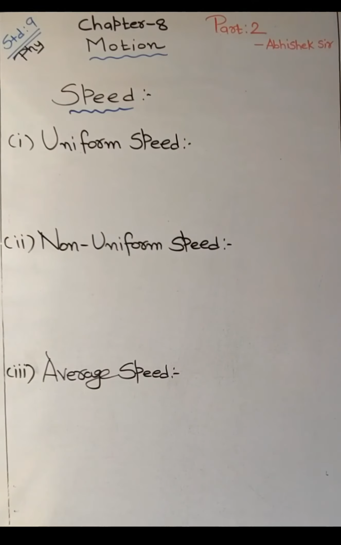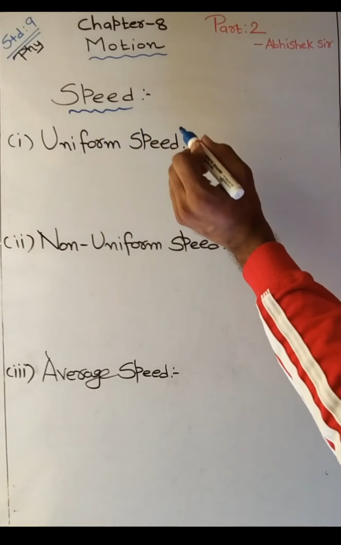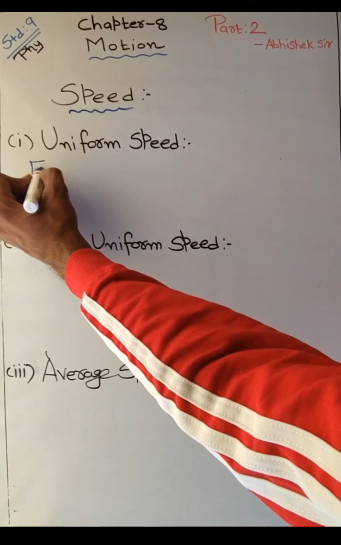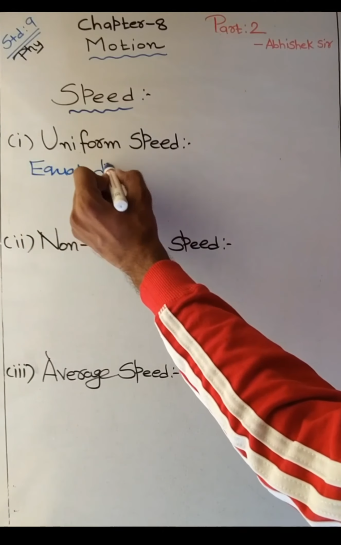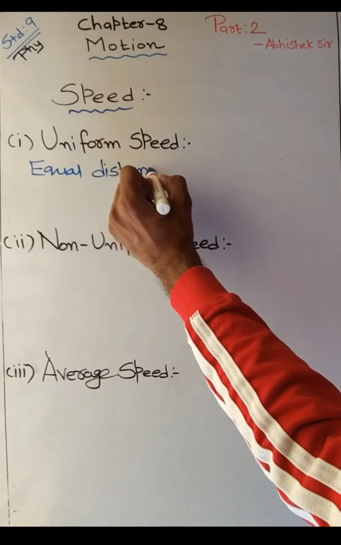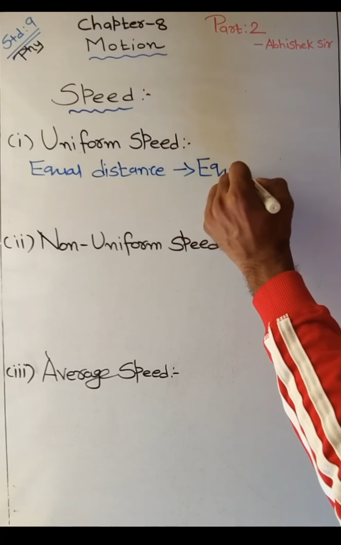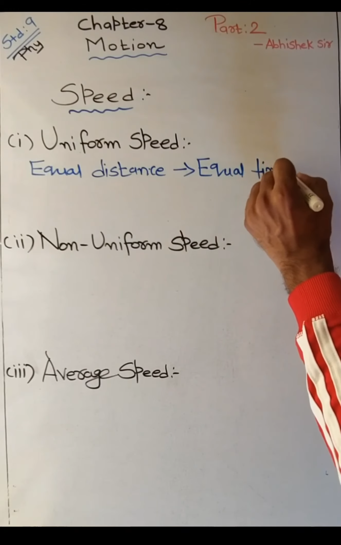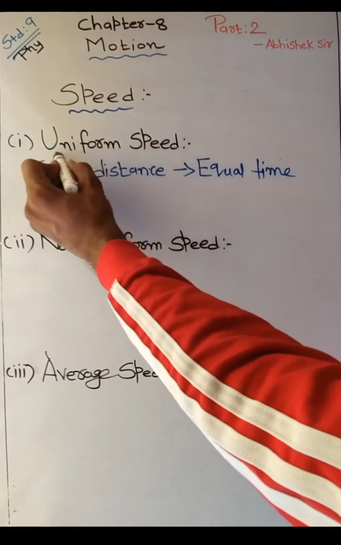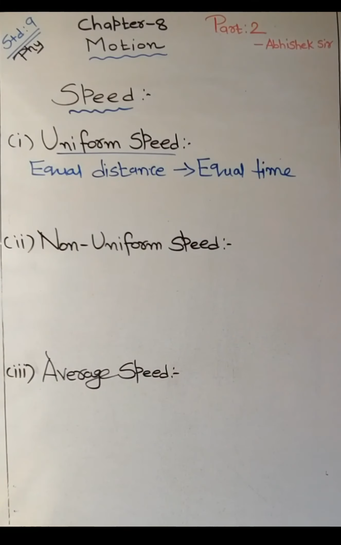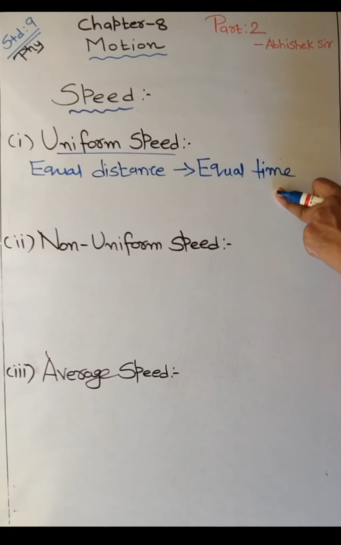I'll be explaining what is uniform speed, and we'll write in short how you can understand uniform speed. Now if a moving body covers equal distance in equal intervals of time, that object is said to be in uniform speed, right? So in uniform speed, the object is covering equal distance in equal intervals of time.